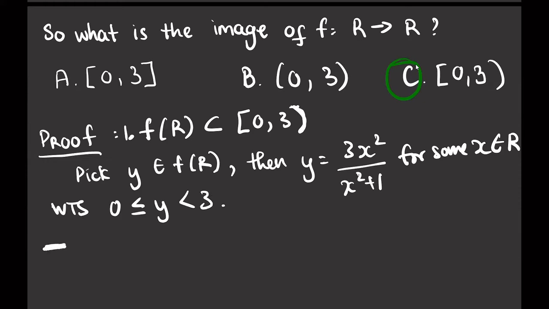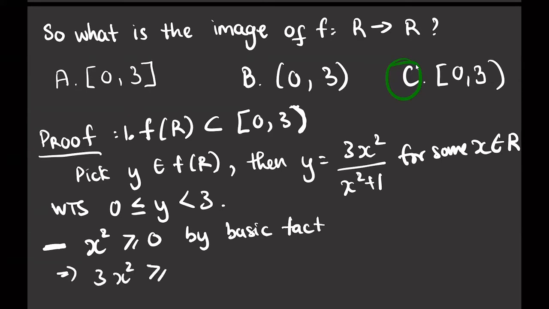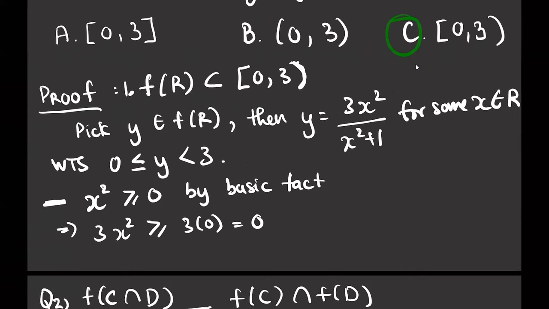So the first thing I have is x squared greater than or equal to 0 by basic fact. So 3 times x squared is greater than or equal to 3 times 0, which is 0. And x squared plus 1 will be greater than or equal to 1, which is greater than 0.